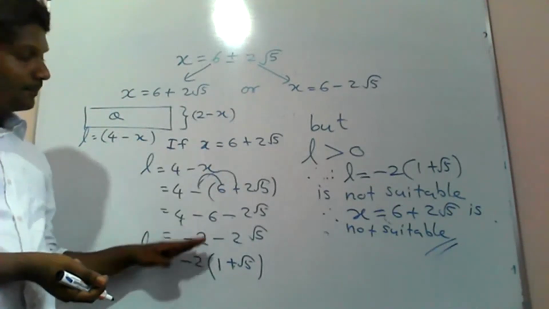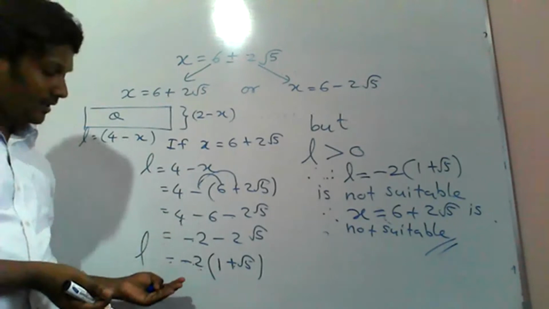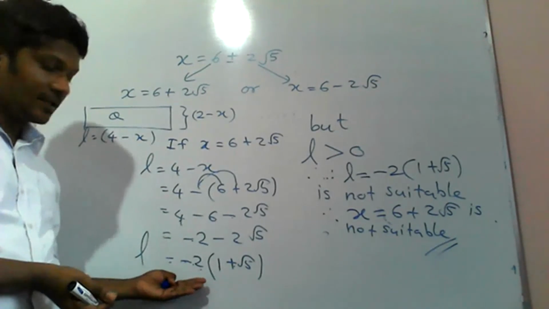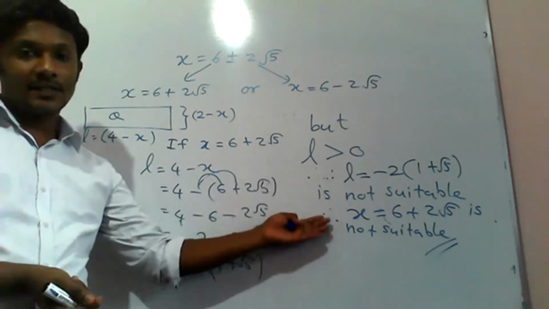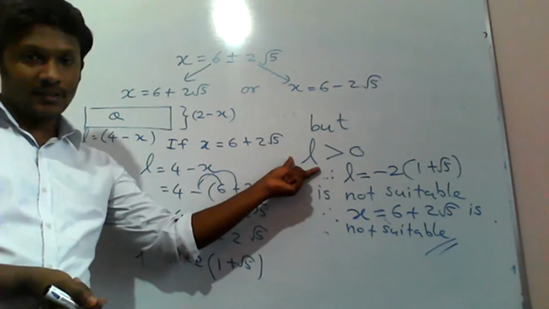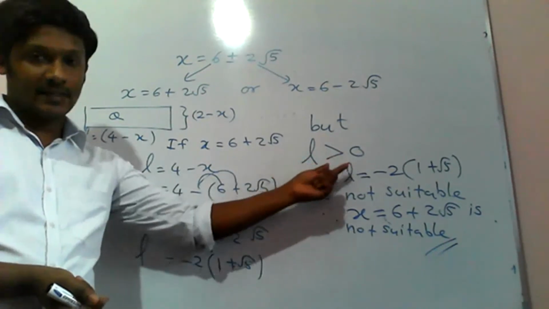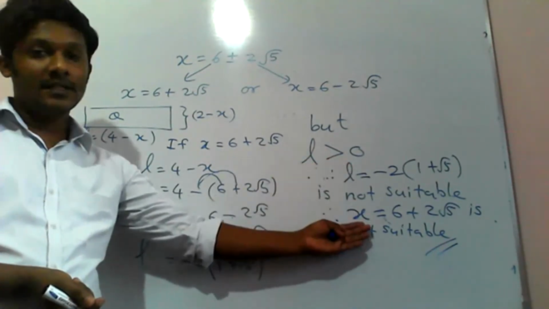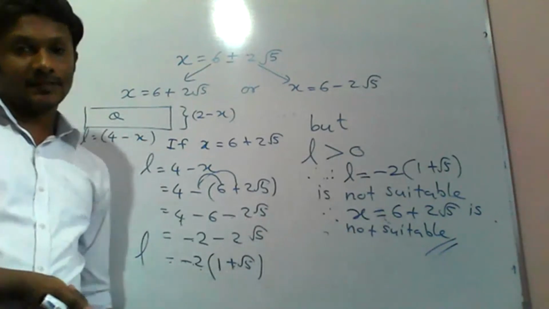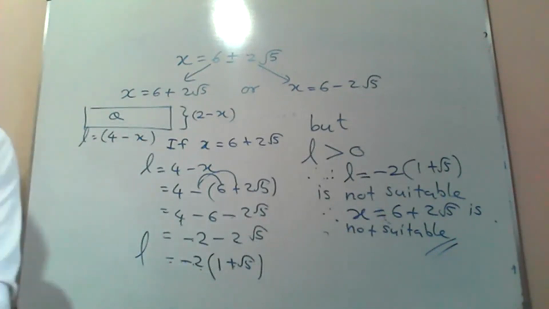Try to write the substitution and show the answer, that the length equals a negative value, and write this statement with the correct condition. Because length is greater than 0, therefore we cannot agree with the positive value of x. Okay.